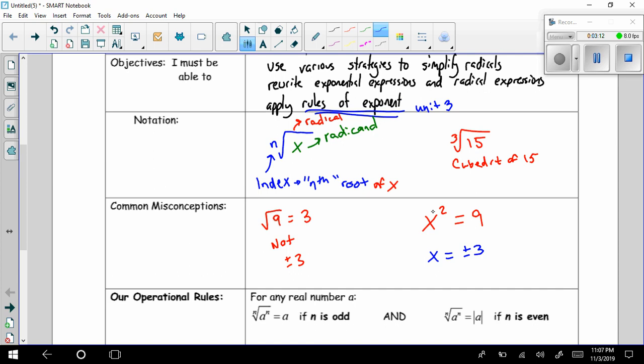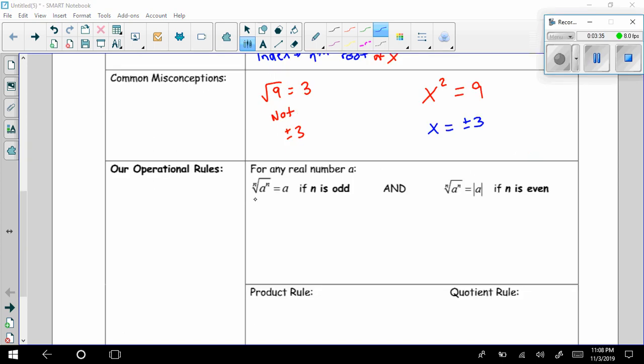And that has to do with the fact that 3 squared is 9 and negative 3 squared is 9. So when we're solving is when we have those two possibilities. When we're just simplifying a regular radical, it's just your principal root is what they call that.